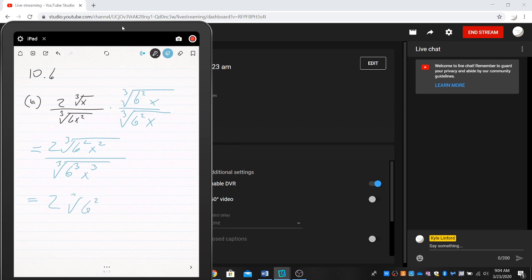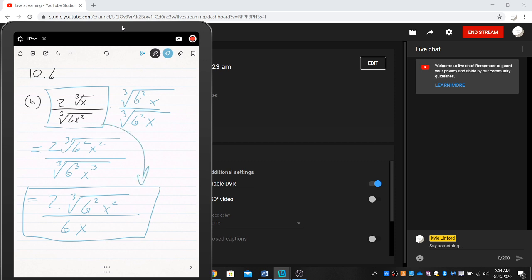6 squared. And then x squared, well, that's not going to be a cube root because I only have 2 x's, not 3. And then the bottom, let's see. The cube root of 6 cubed is just 6. And the cube root of x cubed is just x. So here is how we're going to simplify this radical. We're taking the radical, and again, this is the same thing as this.